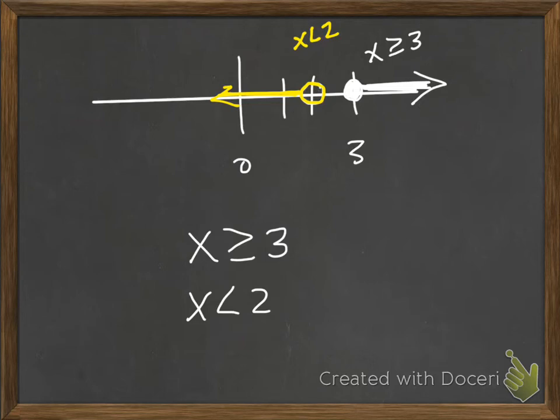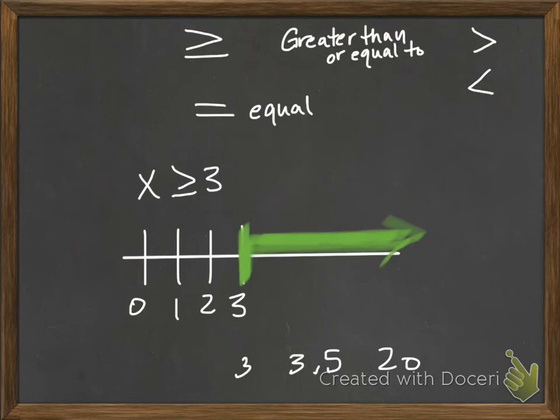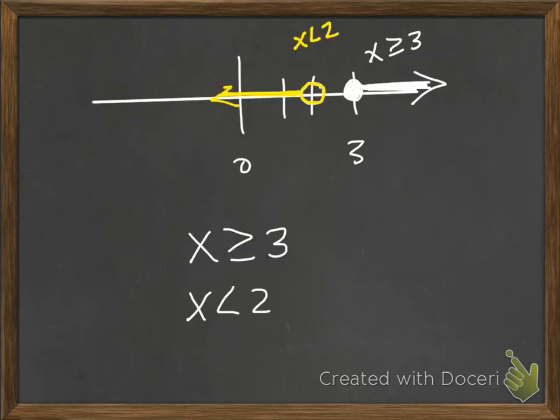So on our list of symbols, we've got greater than, less than, greater than or equal to, less than or equal to, and just a plain ordinary equal sign. The next symbol I wanted to do, well, there are a couple.